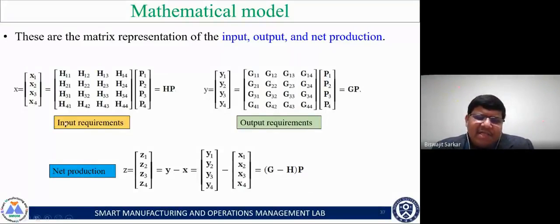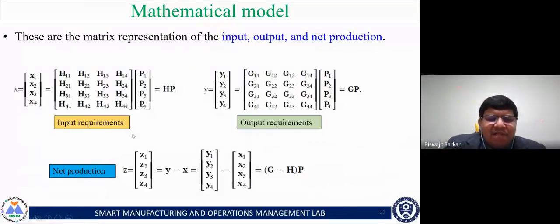Now suppose the left side is the arrival, the amount of raw material, and the right side is the product produced. Definitely the input, that means HP, should be more, and the output on the right side should be less, because if the product produced is more and the input that comes in, that means raw material, is less, it is impossible.